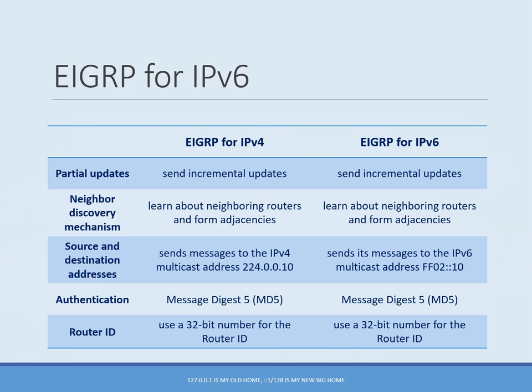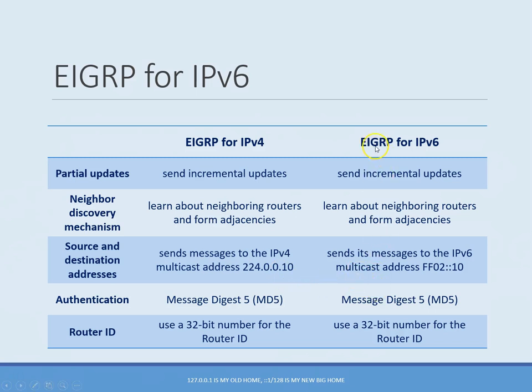In terms of source and destination addresses, EIGRP for IPv4 sends messages to the IPv4 multicast address, which is 224.0.0.10, and the source address is the address of the exit interface.